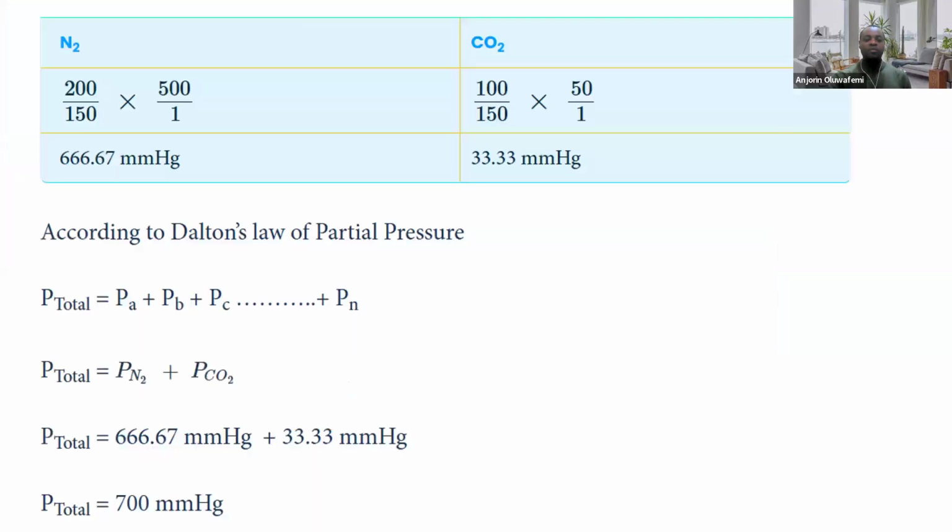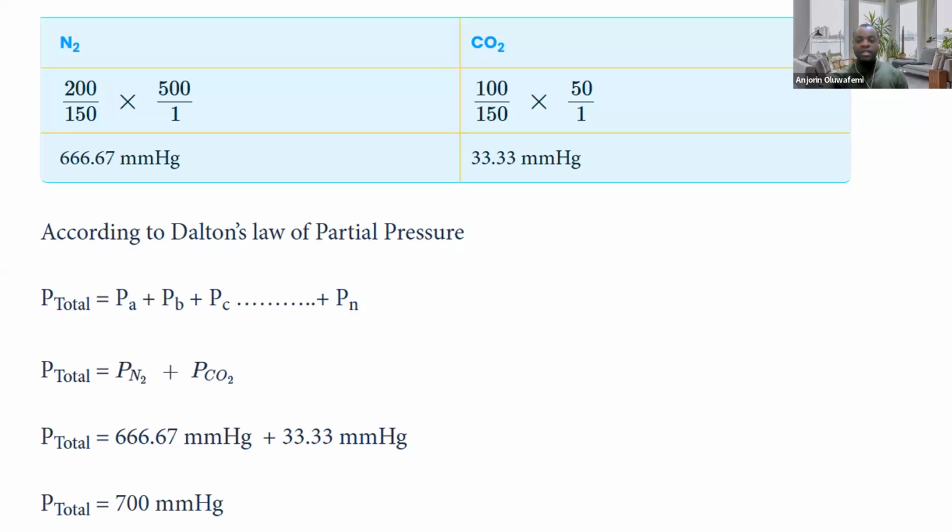When we do that, we end up having our pressure for nitrogen to be 666.67 millimeter mercury, and that for CO2 will be 33.33 millimeter mercury. So according to Dalton's law of partial pressure, the total pressure P equals PA plus PB plus PC up to PN, where our P total in this case will be equal to the pressure of nitrogen plus the pressure of CO2.